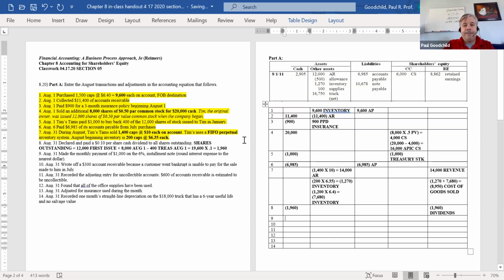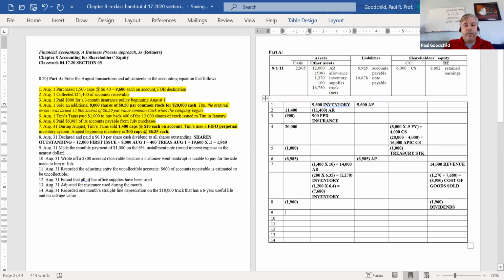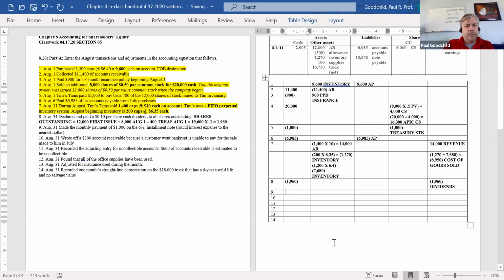Number 9. Just going to scroll down just a little bit here. August 31st, made the monthly payment of $1,000 on 6% installment note. And it says round interest expense to the nearest dollar.